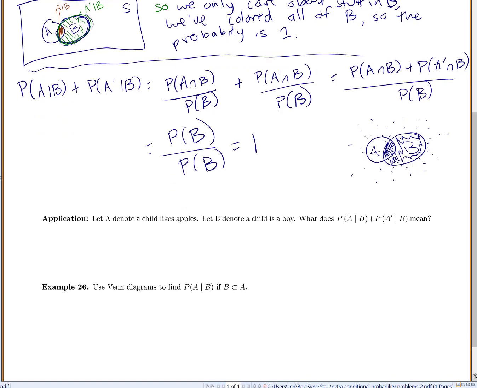So for an application, let A denote that a child likes apples and B denote that a child is a boy. What does the probability of A given B plus probability of A complement given B mean?